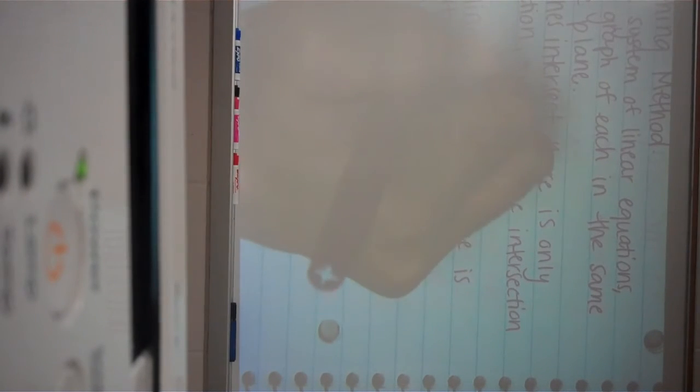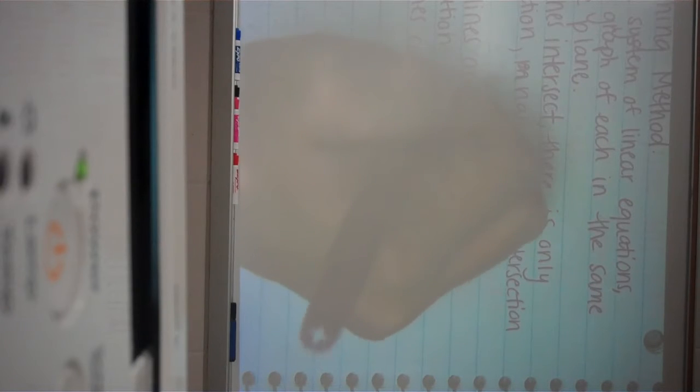And the last one, if the lines coincide, so it's the same line, there are infinitely many solutions.